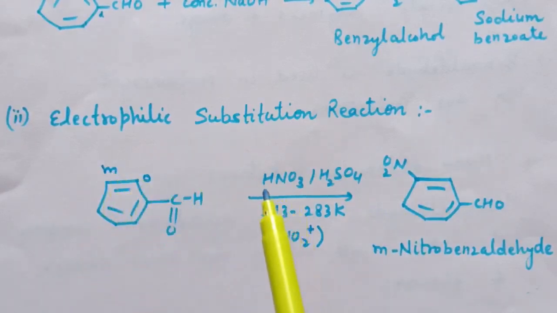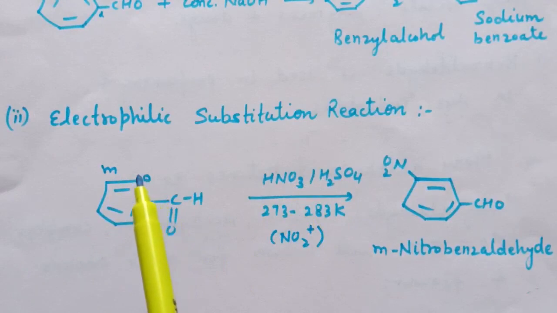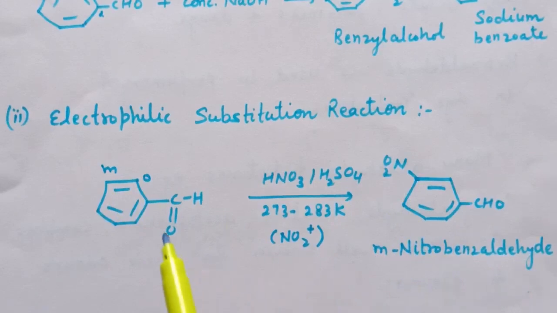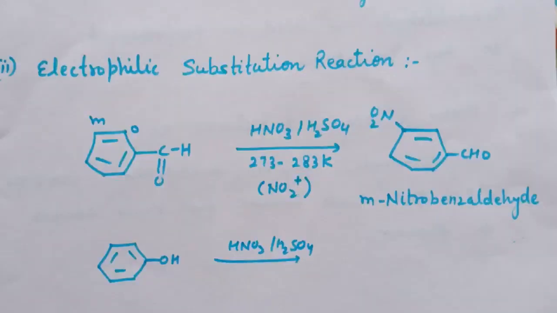So in presence of HNO3 and H2SO4, the electrophile generated is NO2 positive and it will substitute at meta position. That is meta-nitrobenzaldehyde is formed. The CHO group is deactivating group and therefore it will substitute electrophile at meta position.